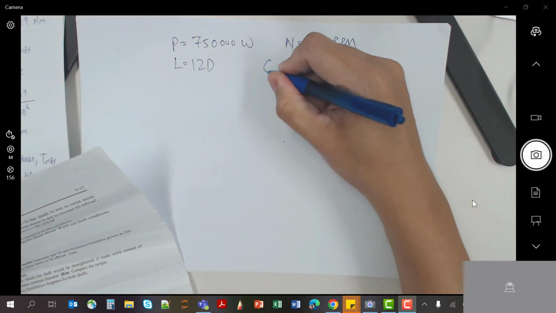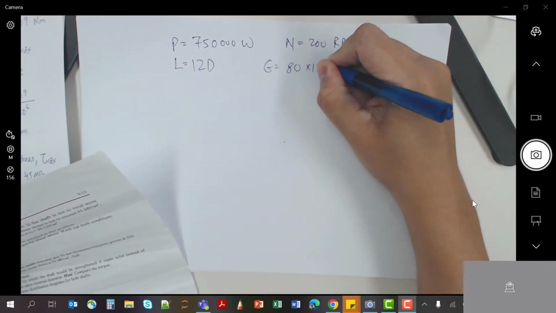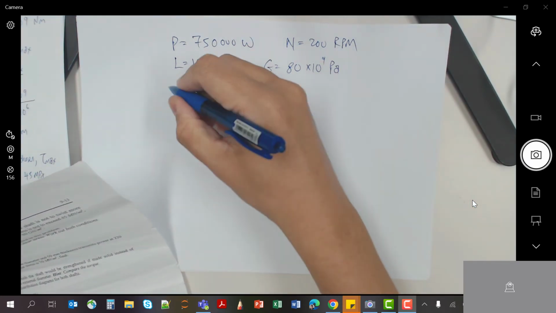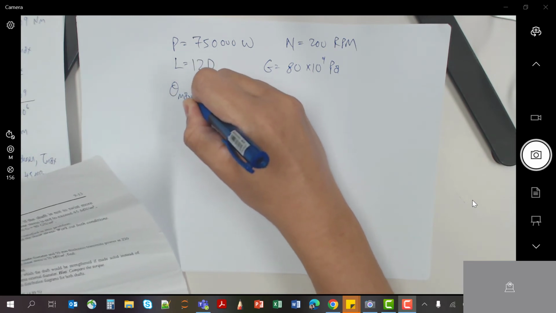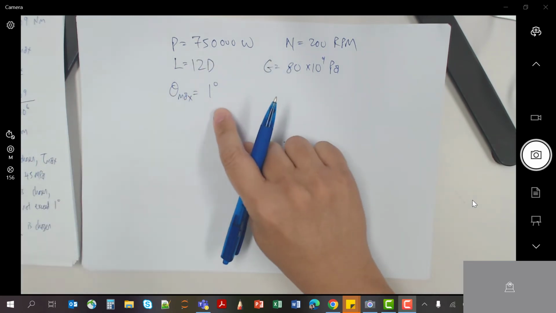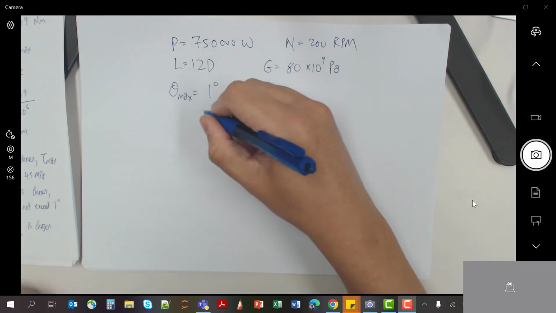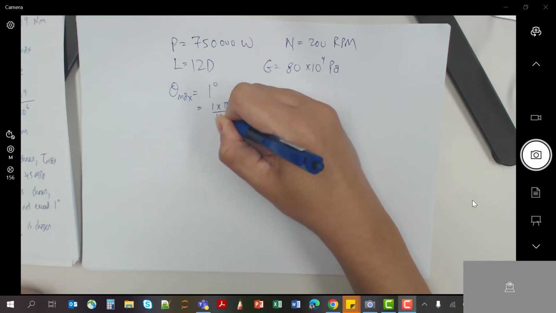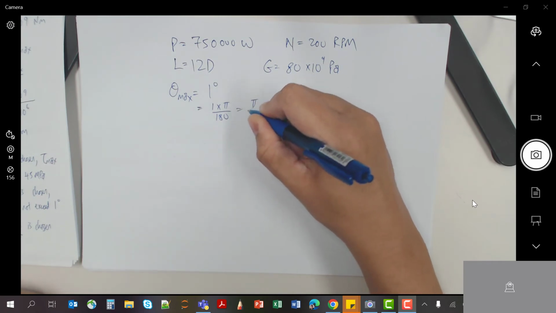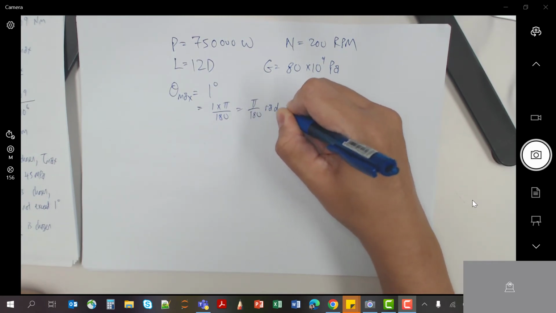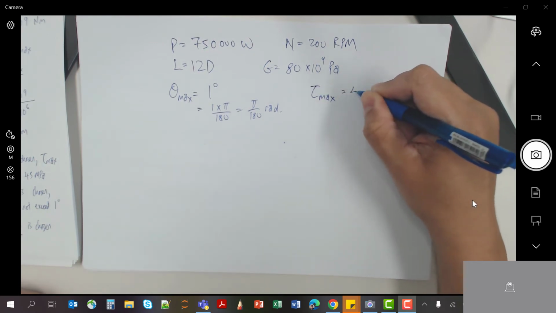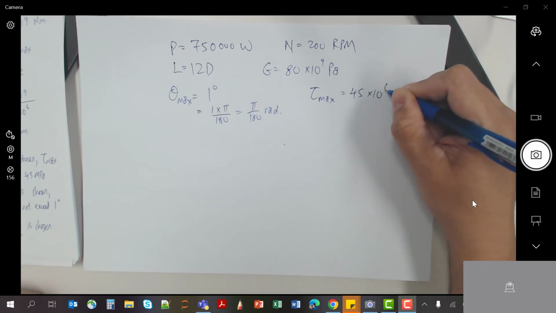G is 80 times 10 to the power of 9 Pascal, 80 gigapascal. Theta max is 1 degree, but we cannot use degrees, we have to be in radians. So how to convert? 1 times pi over 180. So basically it's pi over 180 radians. Maximum shear stress is 45 times 10 to the power of 6 Pascal.